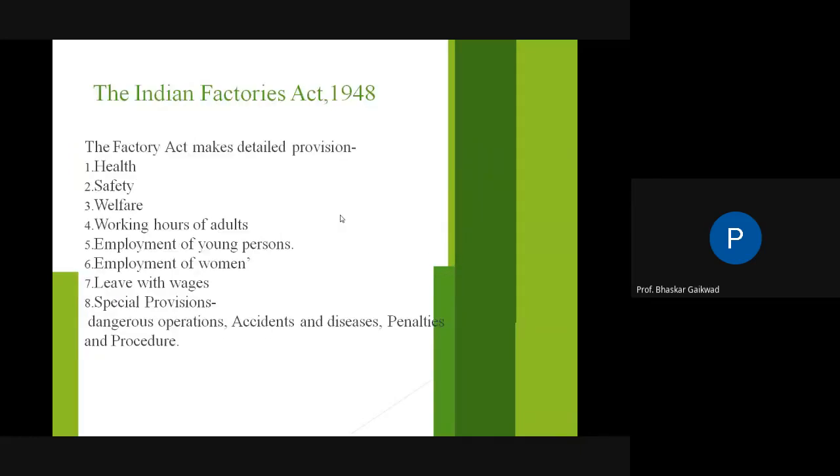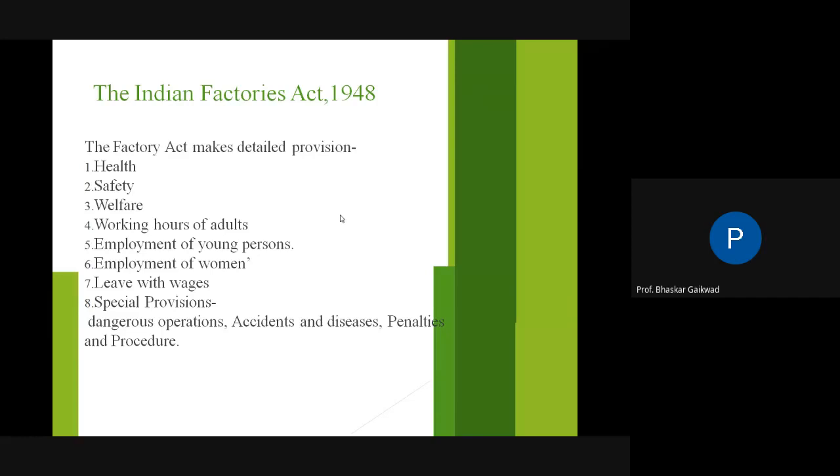Indian Factory Act 1948. Here, health is given first preference. Safety, welfare, meaning related to family. Working hours of adults may be 8 hours. Employment of young persons needs training.